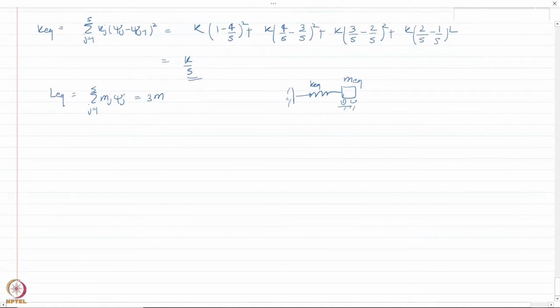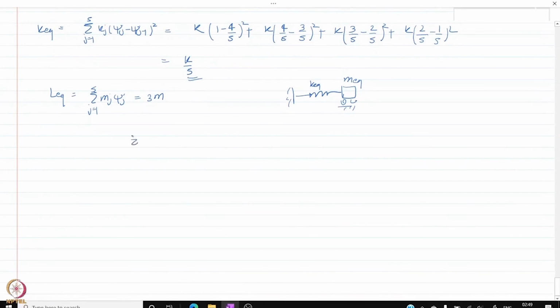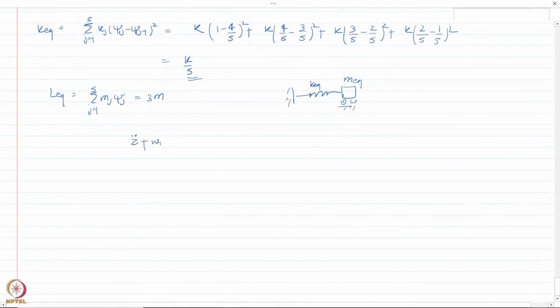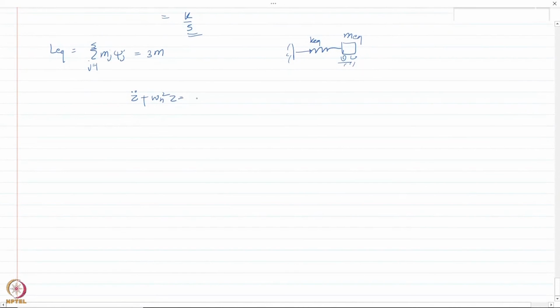The equation of motion would become z double dot plus omega n square z equal to minus L equivalent divided by m equivalent times ug double dot, if there is a ground acceleration.